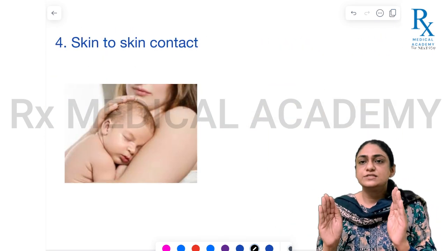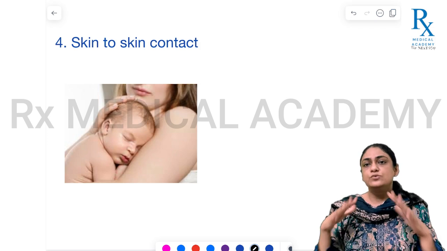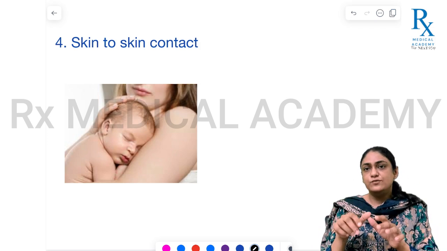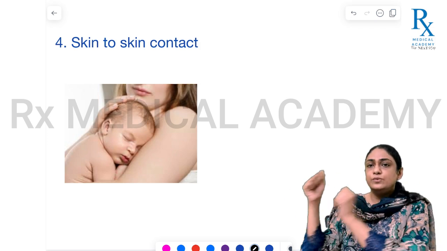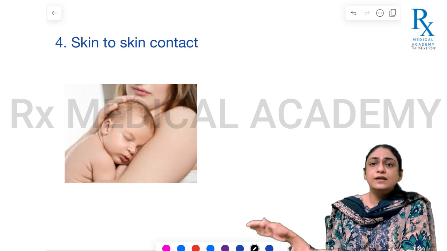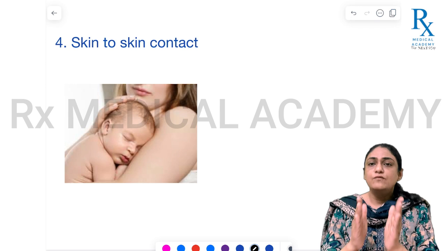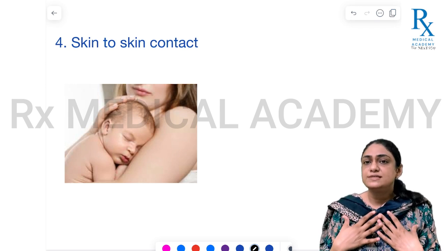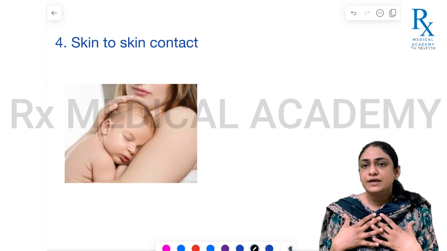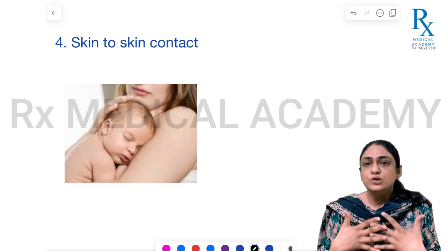Suppose the baby was delivered, you put the baby on the mother's abdomen, you covered it with a linen, you started drying from the head to the whole body. You got rid of the wet towel and covered the baby with a dry towel. And now what will you do? You keep the baby on the mother's abdomen or between the chest with skin to skin contact.